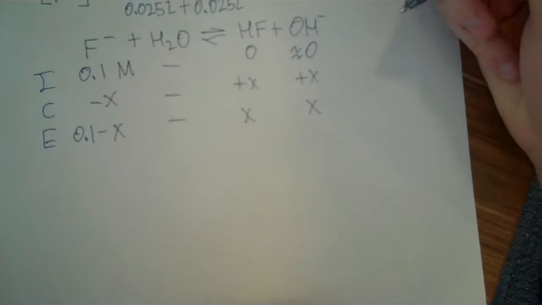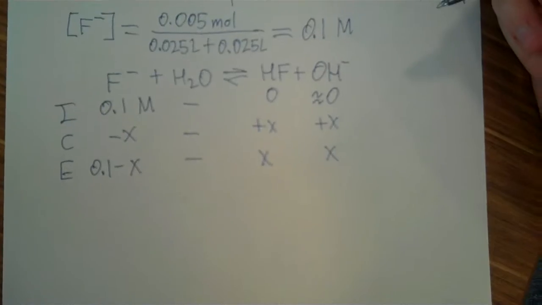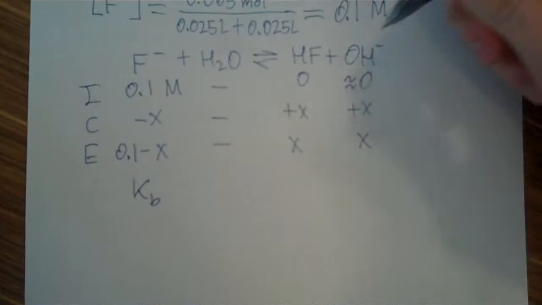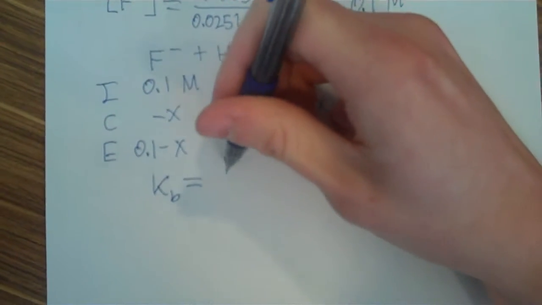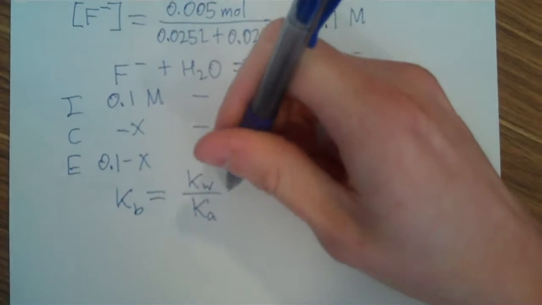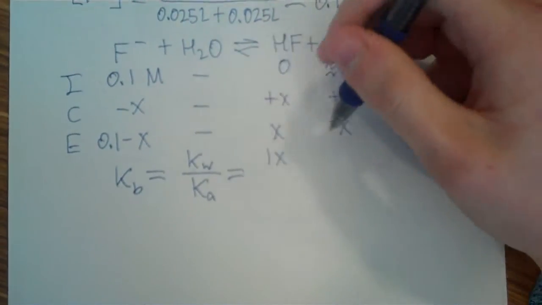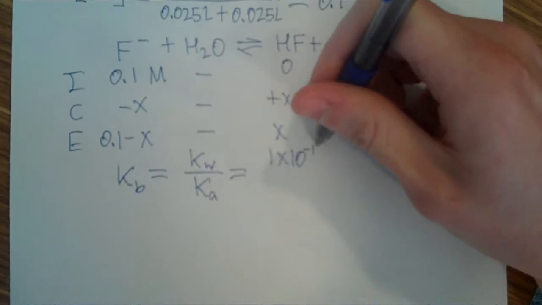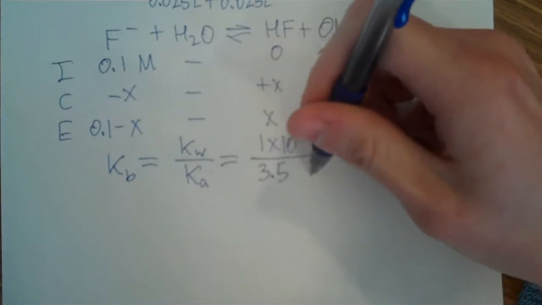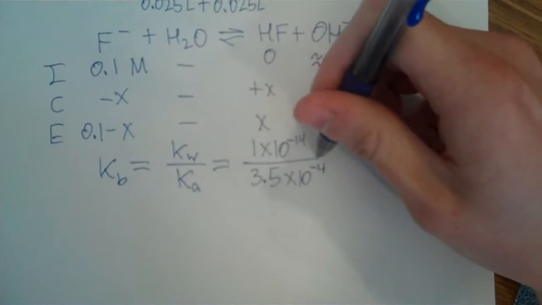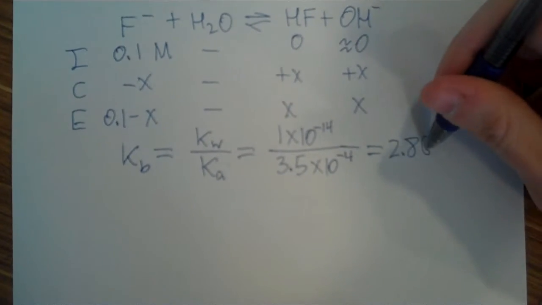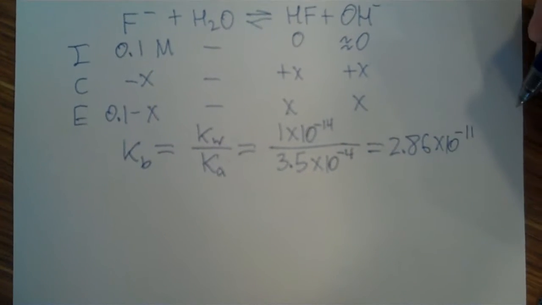So in this case, since we have F minus, we're actually going to be calculating a Kb value. So in order to find that, we know that Kb equals Kw over Ka. The Kw will always be 1 times 10 to the minus 14 at 25 degrees Celsius, divided by our Ka, which we saw earlier, to get 2.86 times 10 to the minus 11 for our Kb value.